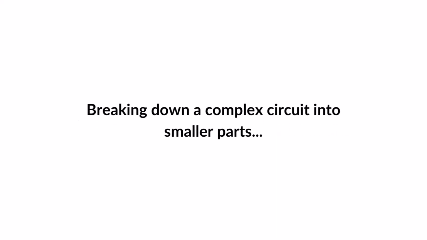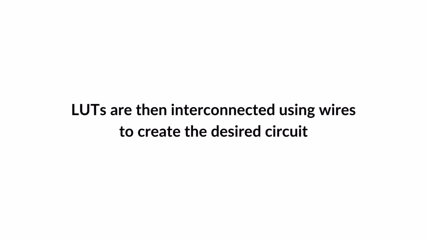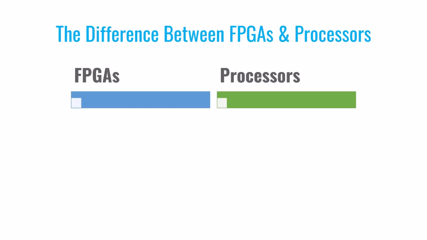The approach involves breaking down a complex circuit into smaller parts, each of which is implemented using a lookup table. These individual lookup tables are then interconnected using wires to create the desired circuits. Now let's connect the dots. Based on what you've learned about FPGA nature and structure, we can highlight the key differences between FPGAs and processors.